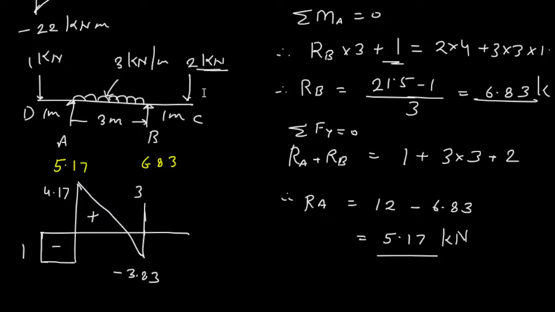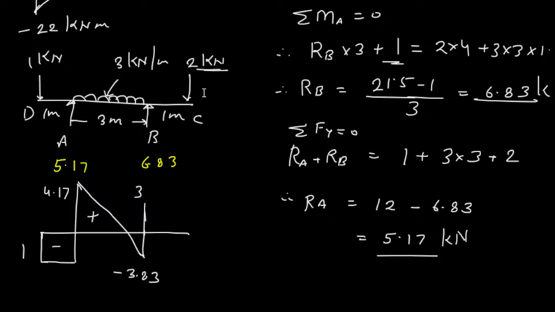RB is 8 plus 9 into 1.5, 8 plus 13.5, then minus 1, then divide by 3. 6.83 is perfect.